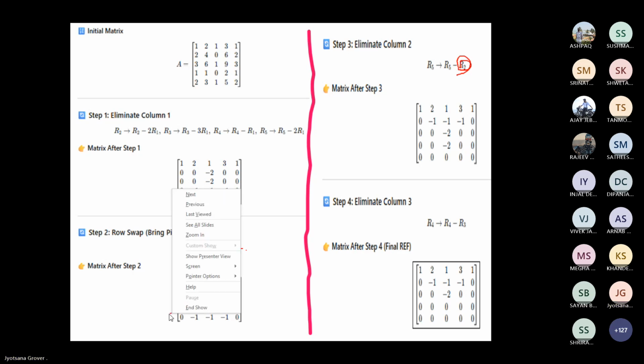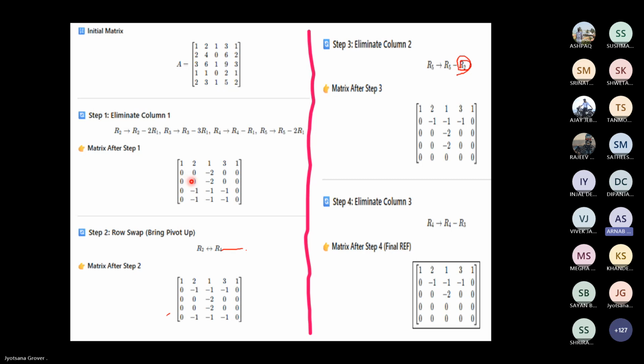Ma'am, I have one question. After step 1, in row 2, we have 4 zeros. Yesterday you told us that we should try to bring the zero rows to the last.